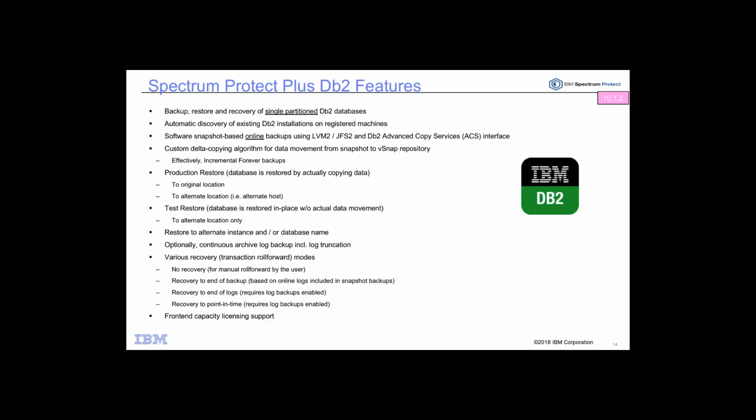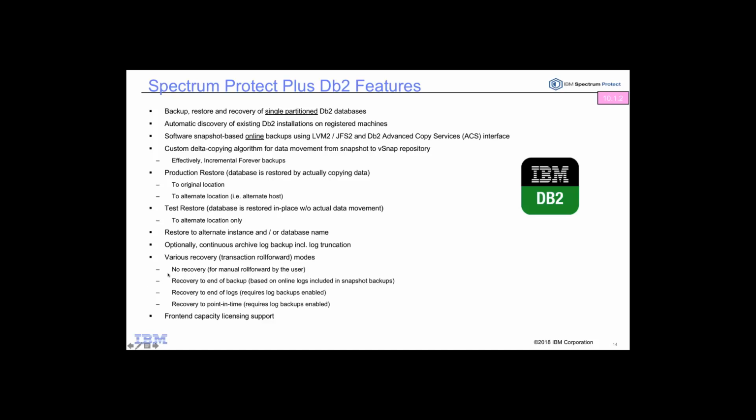Now, for restore, again, this is really going to align with SQL Server and Oracle, but the terms used by DB2 are slightly different, and what's available in Spectrum Protect Plus kind of aligns to what DB2 allows. So we let you do a recovery of the databases with transaction roll forward in the 4 different modes that you see described here.